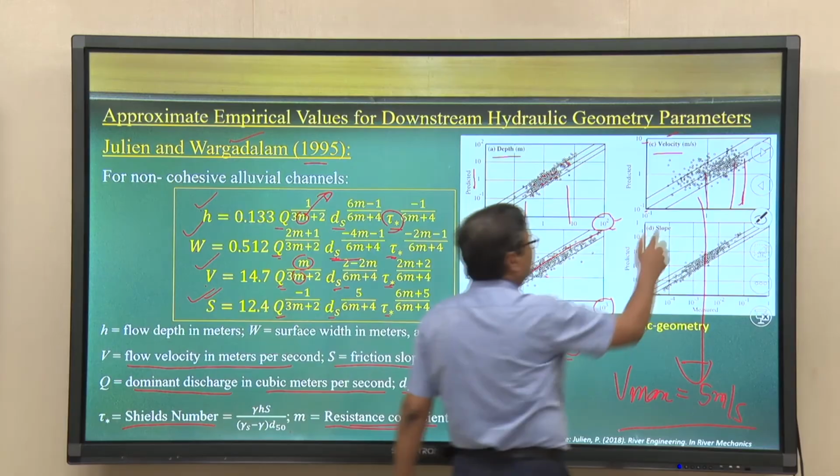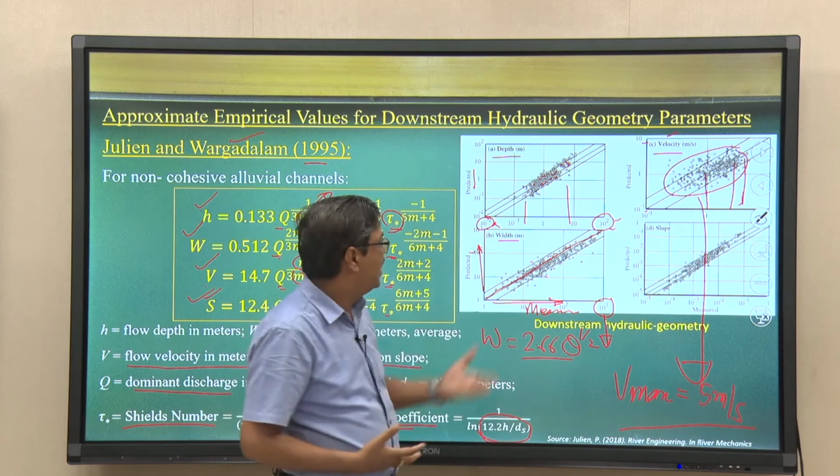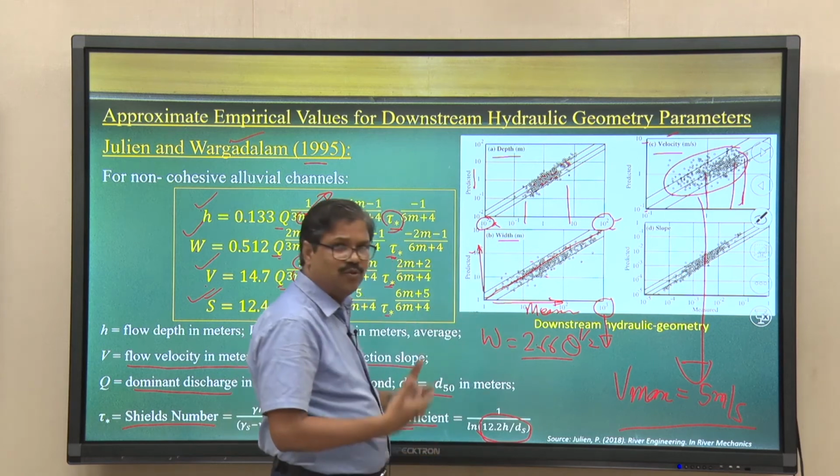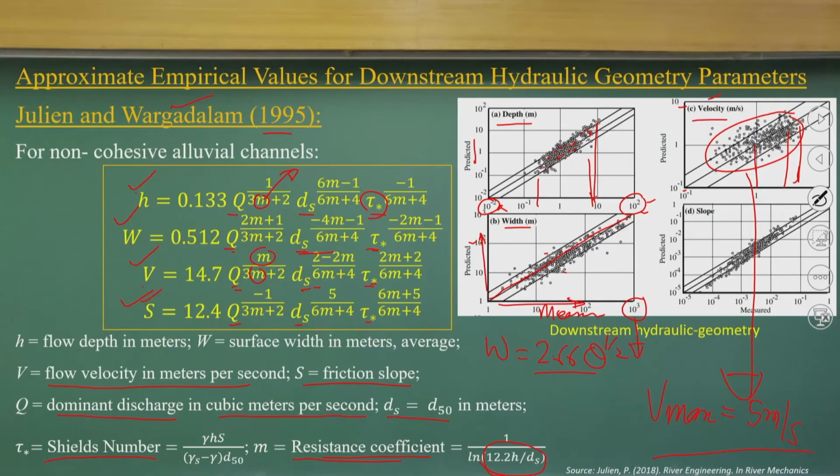As it is indicating here, the river velocity which we need many times can go as high as 5 meters per second or 7 meters per second, not more than that. Okay. As the data record is showing, because we look for the maximum, and similarly with flow depth also in this. Okay. And if you look at the slope also, the predicted and measured follow the more statistically significant band as compared to velocity.